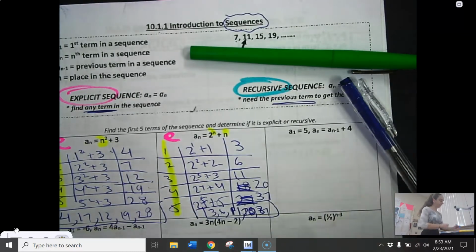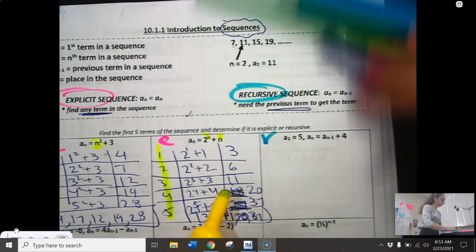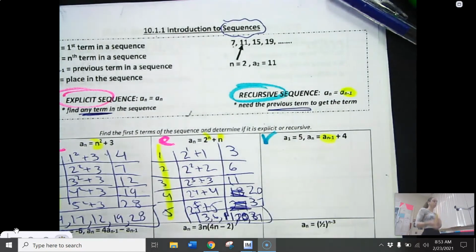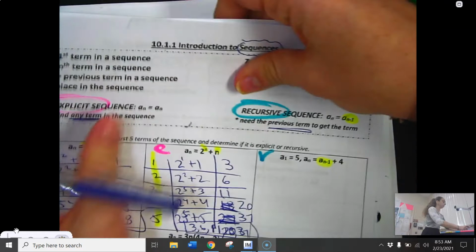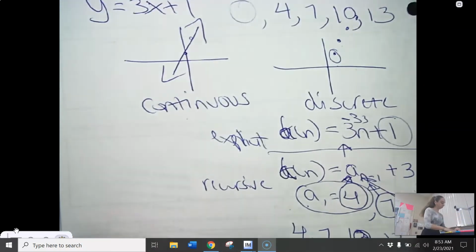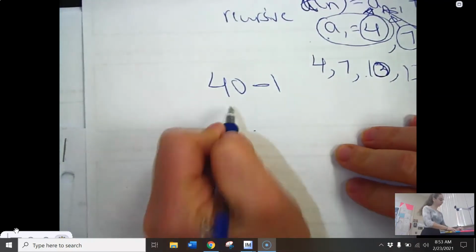The next one is a recursive sequence. I know things are recursive when I see this, a sub n minus 1. What does n minus 1 mean? The previous term. If I am 40 years old, 1 year ago, I was 39.